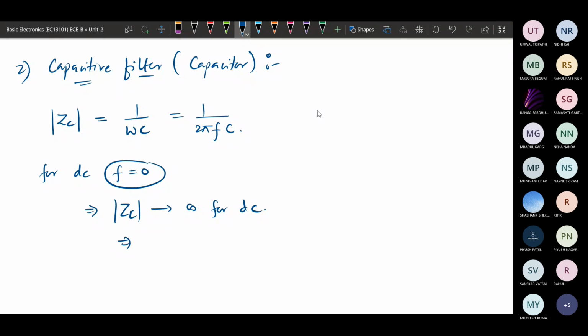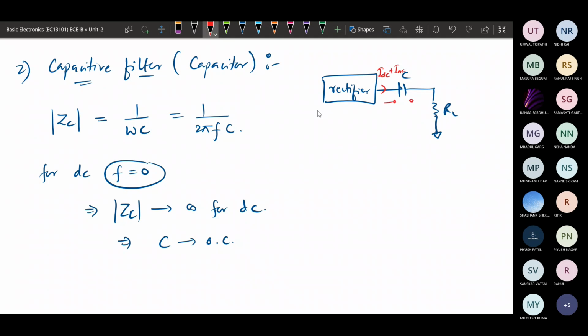So if a capacitor is there and we are passing DC, it will be an open circuit. So capacitance will be open circuited. If this is the configuration and we are passing DC plus AC, for DC it will be open circuit, meaning nothing passes through the RL.